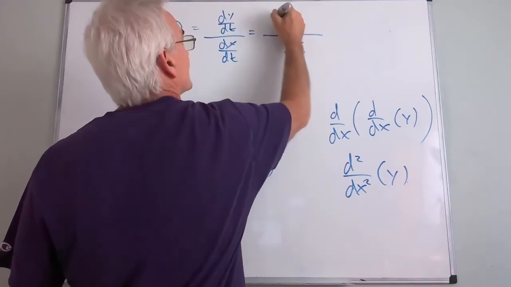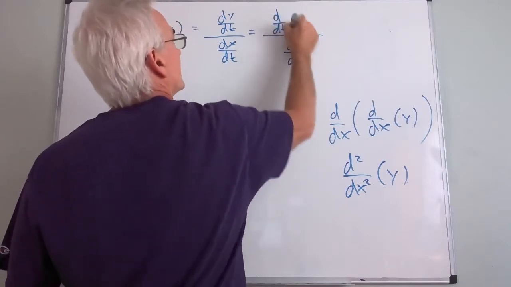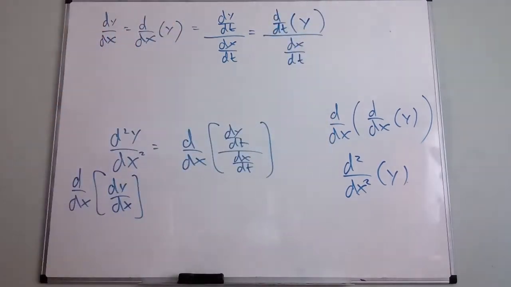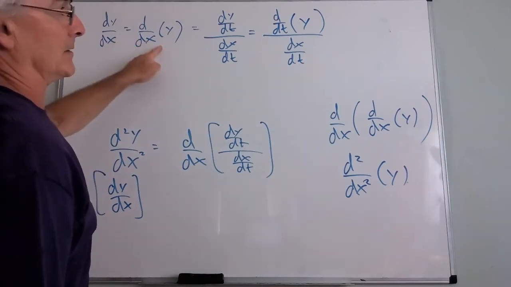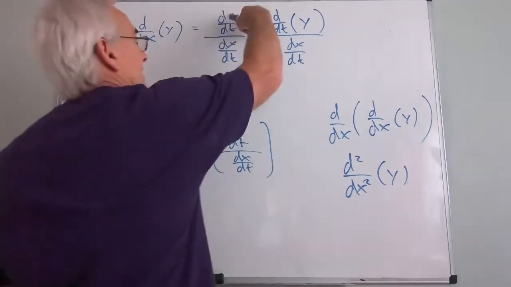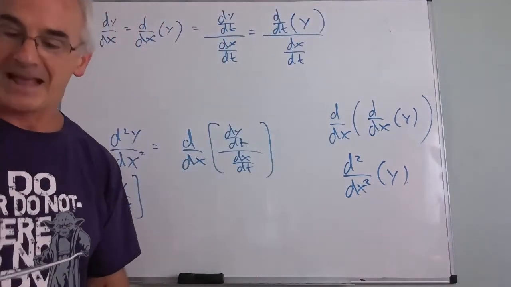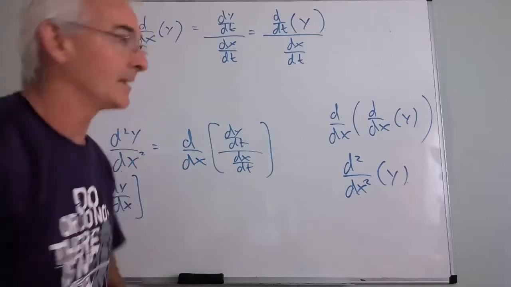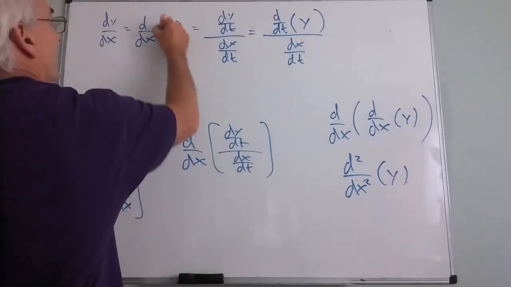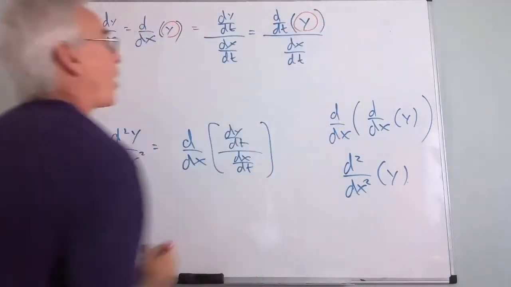I'm going to write that as d/dt of y over dx/dt. Now stare at that for a moment. Is what I wrote still exactly the same thing? dy/dx is d/dx of y. dy/dt is d/dt of y. And therein lies the trick. It's the same y.